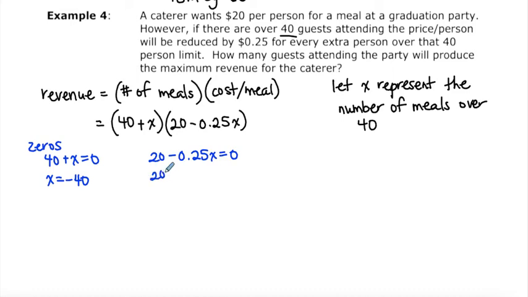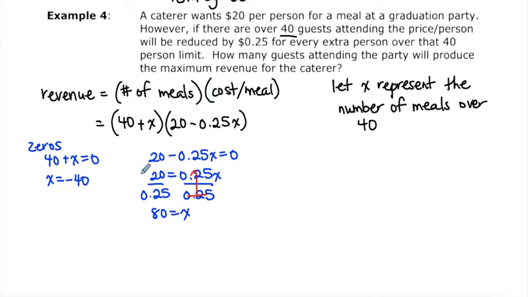And I have 20 is equal to 0.25x, so divide the left and the right hand side by 0.25, the coefficient in front of the x. 0.25 divided by 0.25 is 1, so we're left with 1x. And 20 divided by 0.25 is 80, so 80 is equal to x. So these are my x-intercepts, or my zeros.